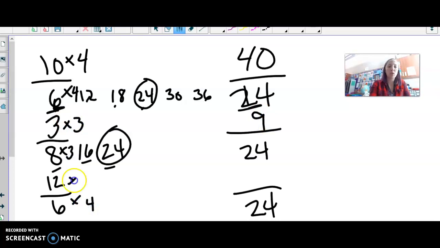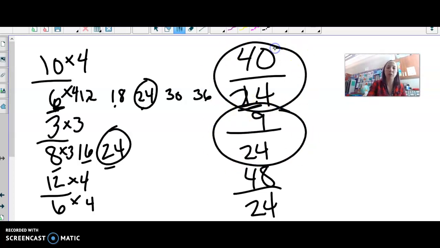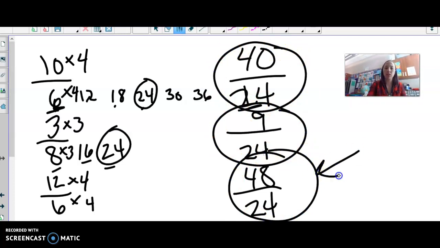And then times 4, so 48 24ths. So now all the pieces are the same size. They're all in proper fractions, so I don't have to do any converting. I can say, okay, this one's least, this one's middle, and this one's biggest. Or if they ask greatest to least, this one, then this one.